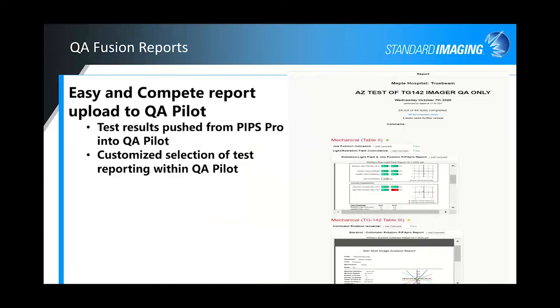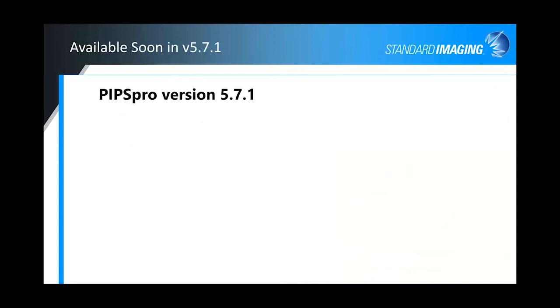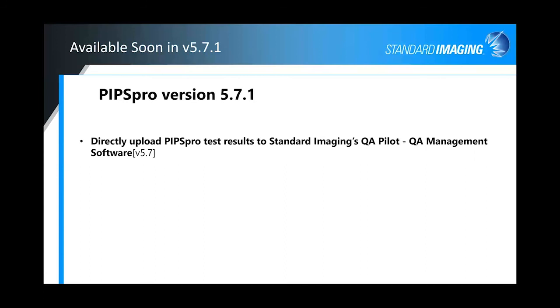And like I mentioned, you have the ability to print out any number of these test results as well. Here are the radiation light field test results from PIPSpro in QA Pilot, but you can also print these out directly from PIPSpro in PDF form, or just save them to the directory. This is a new version coming, version 5.7.1, which will add the functionality of direct upload of the PIPSpro test results to our QA Pilot QA management software.